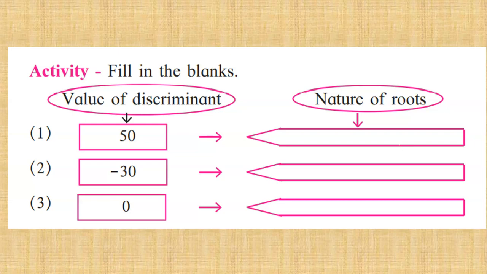See this here. The first is discriminant. The value of discriminant is 50. Then the roots are real and unequal.